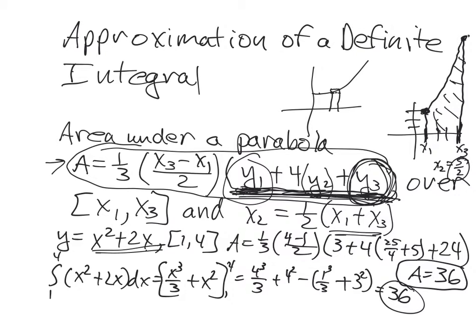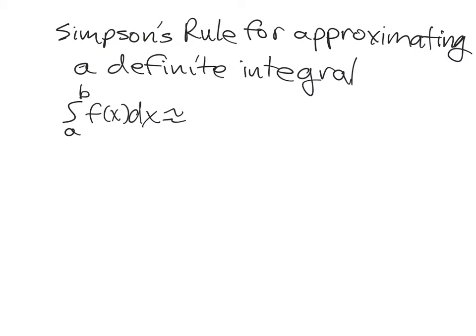And so each of these values here, kind of in the middle of our partition, shows up twice when we use it to calculate the area. Okay. So what we call Simpson's rule follows from this right here.